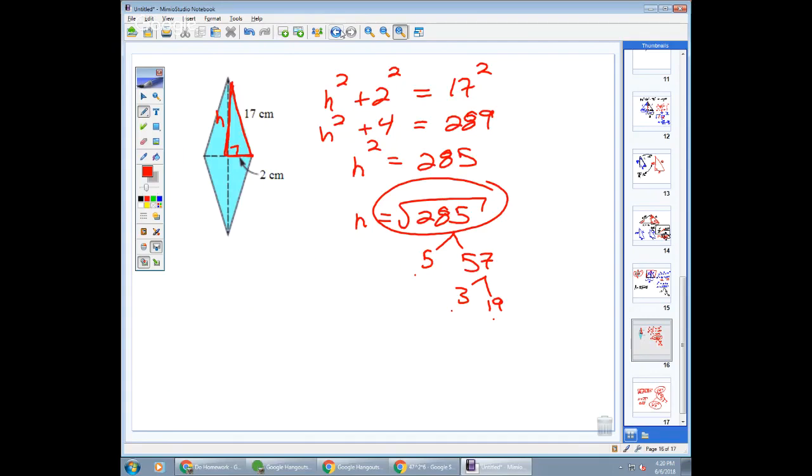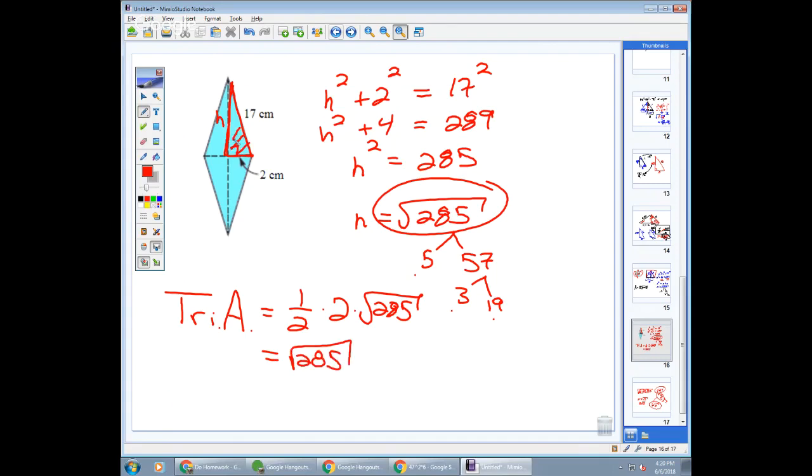All right, so back to this one here. We now know the height of the triangle. One triangle area would be 1/2 the base, 2, times the height, square root of 285. That simplifies down to just square root of 285. That's just this triangle right here.